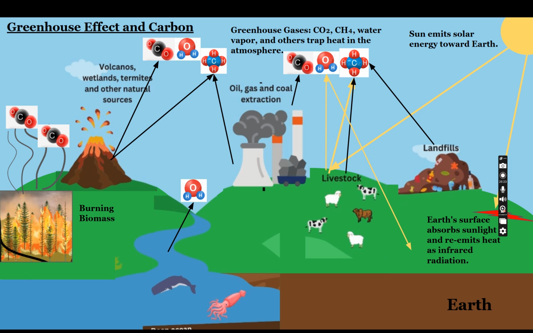So this reflection off the greenhouse gases makes that ray come back to our planet instead of going out into space. If there are fewer greenhouse gases, the rays can just be deflected off our planet and go back into space, but instead, the sun rays that are emitting heat are getting trapped by the greenhouse gases.